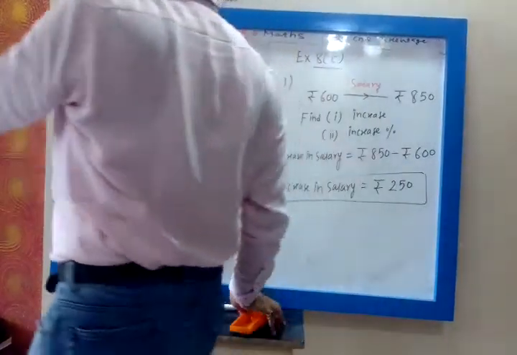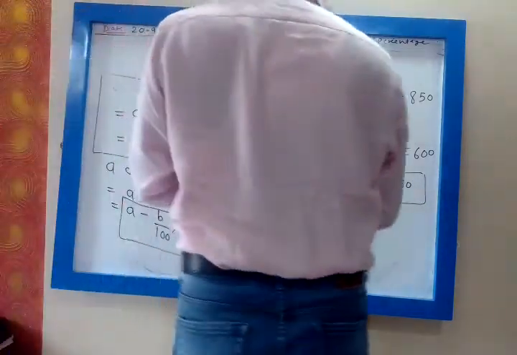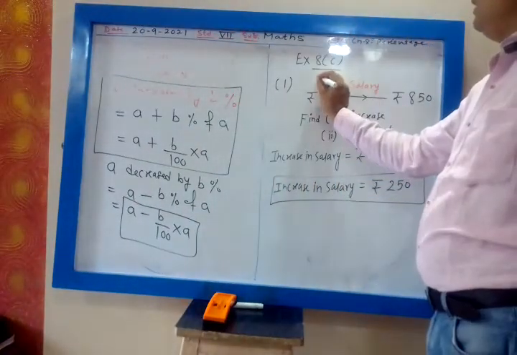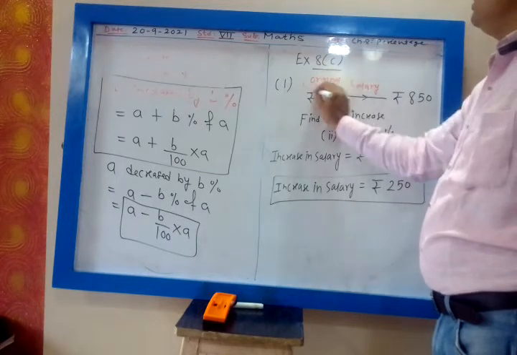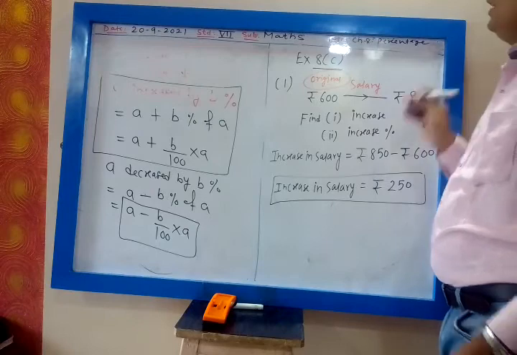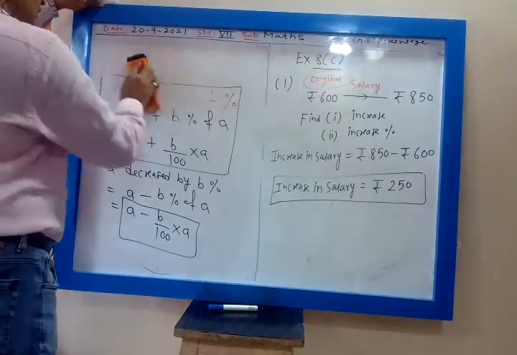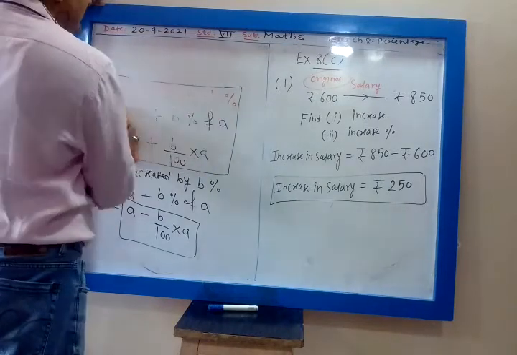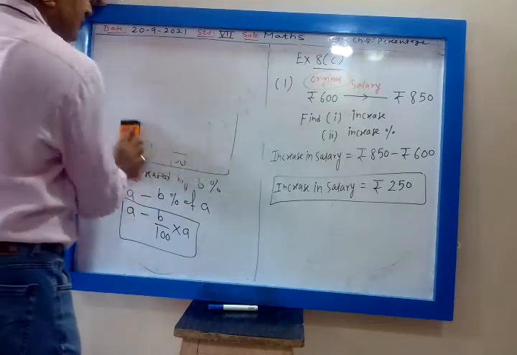But what is asked of us? See here. This 600 is my original salary, and this is the increased salary. So what is asked now? Find the percentage increase. How will we find the percentage increase?